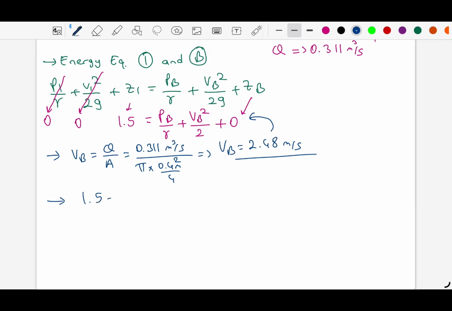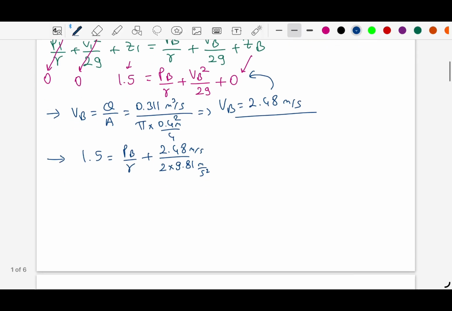So 1.5 is equal to PB over gamma plus 2.48 square over 2g. It's actually 2g, 2 times 9.81 meter per square second. And this is meter per second, and this is V square.